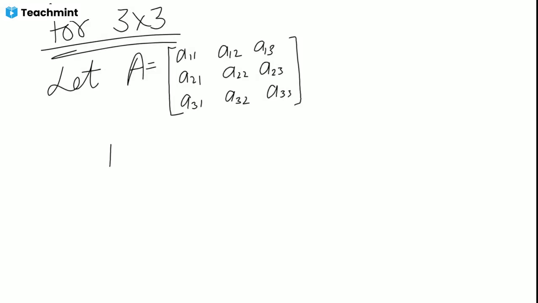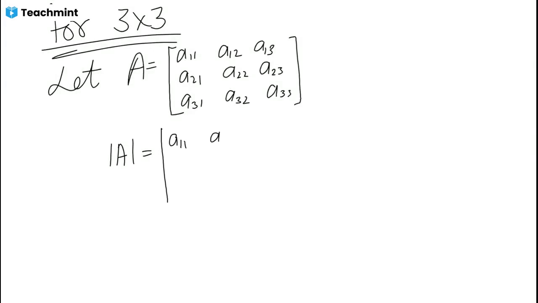So determinant of a matrix is denoted by the symbol. First of all, we will write elements in this form.